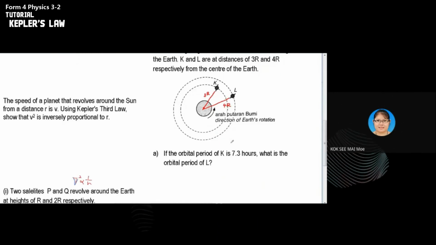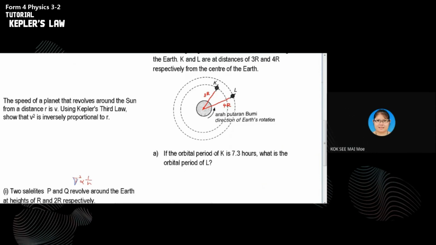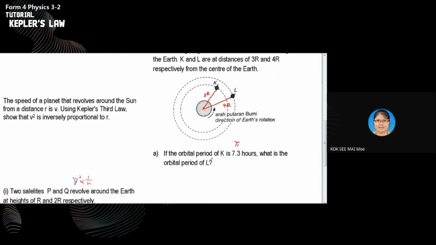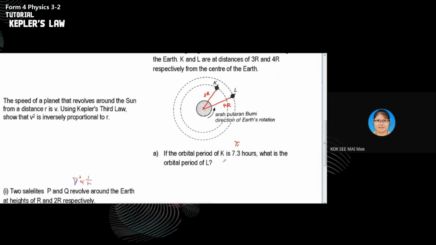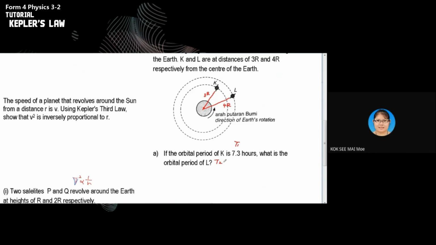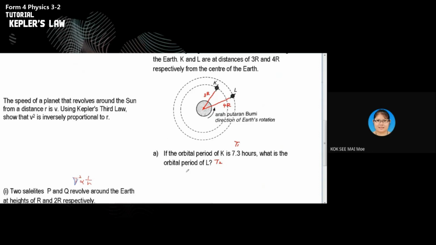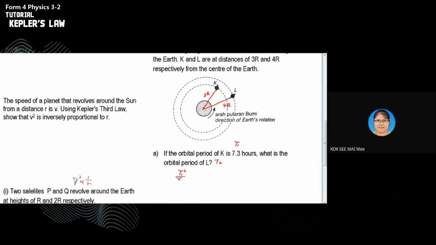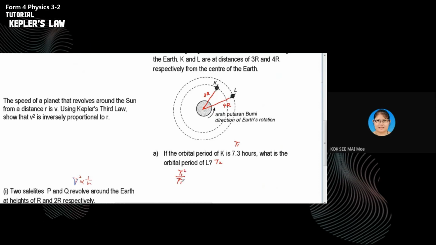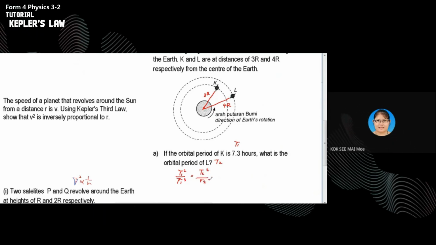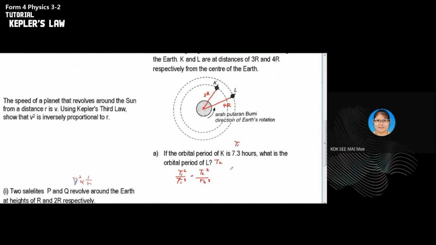Now, the orbital period of K, they give you the time. What is the orbital period of L? Well, L is T2. So we know the R already. We're using Kepler's third law: T1 squared over R1 cubed equals T2 squared over R2 cubed.